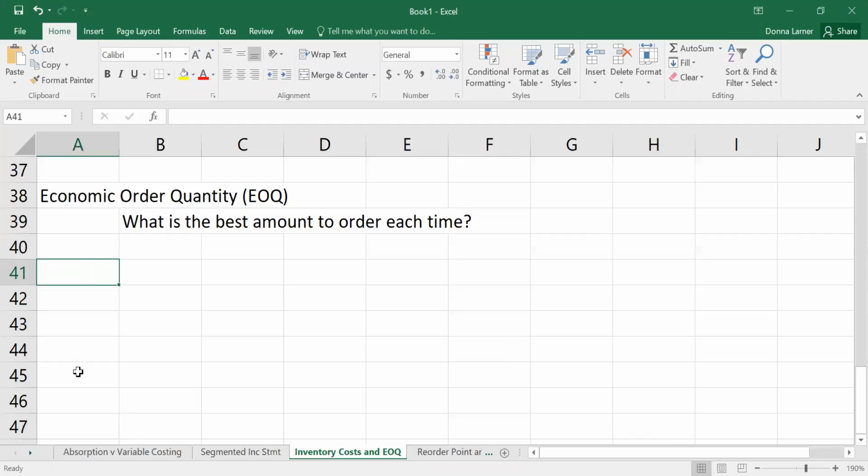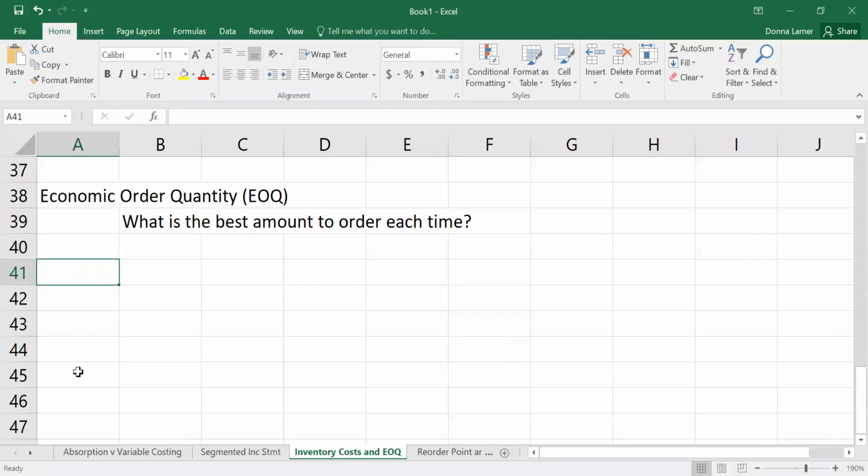We've been ordering 500. That leads to us holding on to a bunch of them. We don't want to order too small an amount because every time we place an order, it costs us $5. So we also want to minimize the number of orders that we place because we don't want to keep paying $5 for every order, but we also don't want to order so many that we're left with this huge cost of holding on to them all. Remember, it's $2 a pound to hold on to them. So kind of in a quandary of which way to go with that.